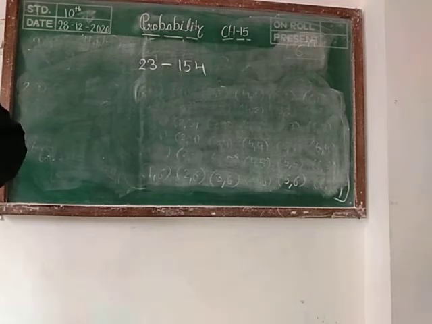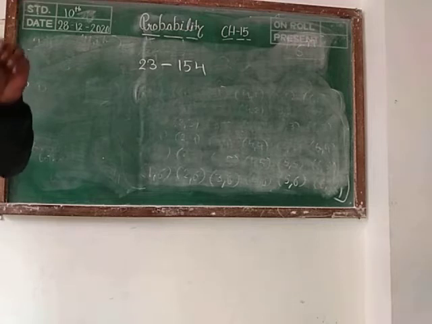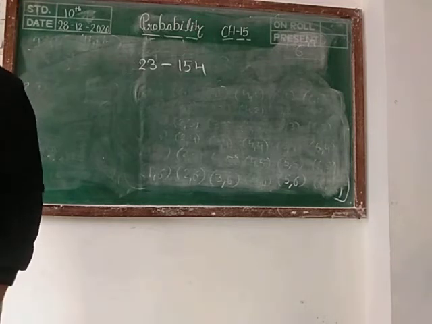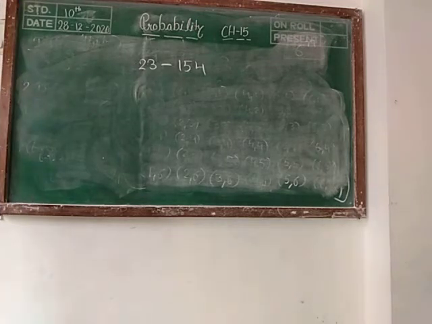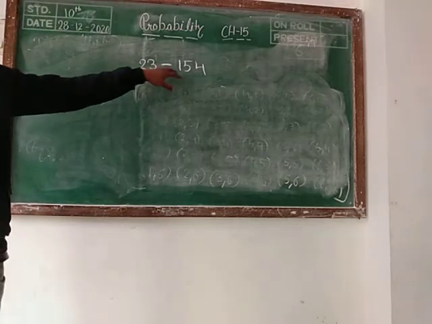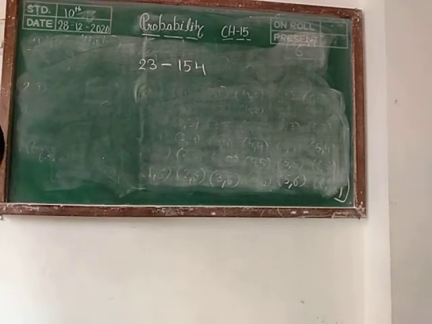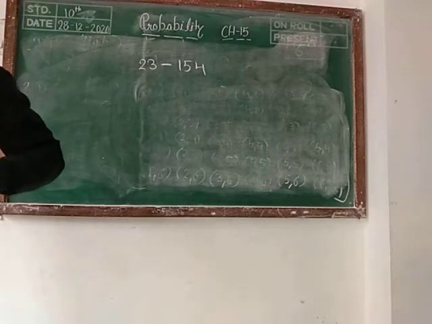Find the probability of getting an odd number. Some cards are given to you and these numbers are written on them. You have to find the probability of getting a card which has an odd number.